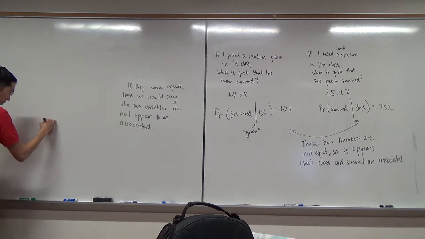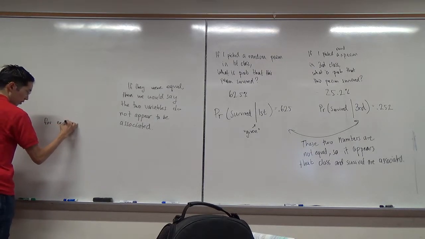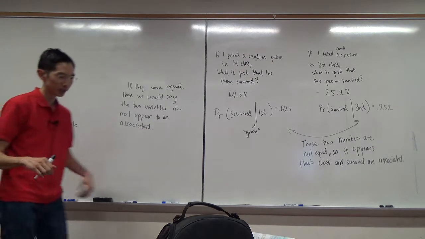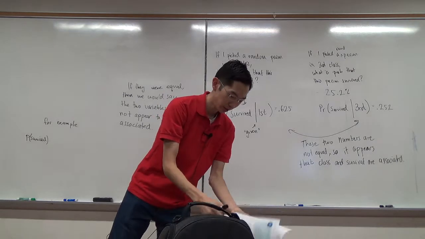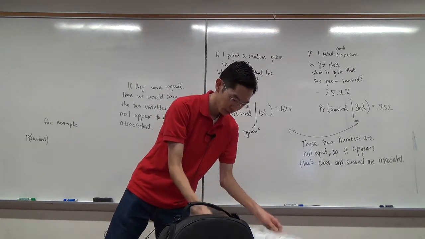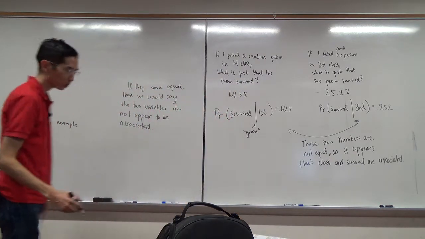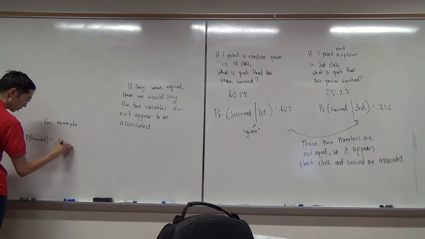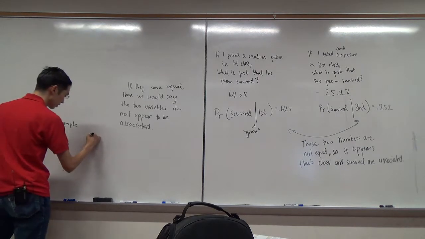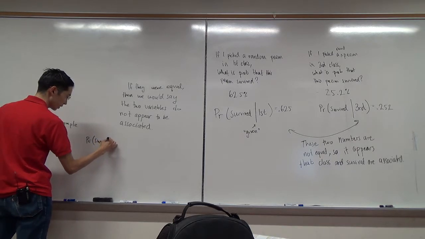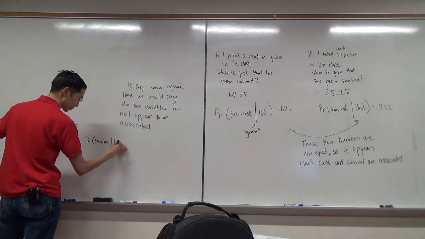For example, probability of survival. If I just picked a person at random, the probability that this person survived is 0.323, and what's the probability that somebody survived if they were in first class?